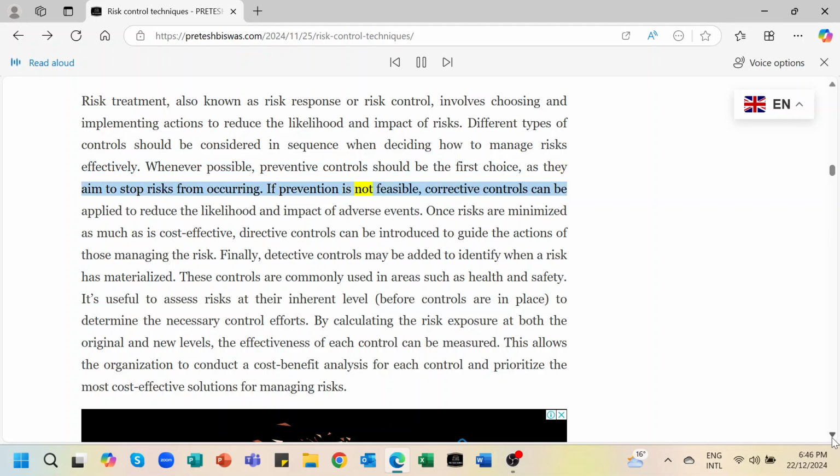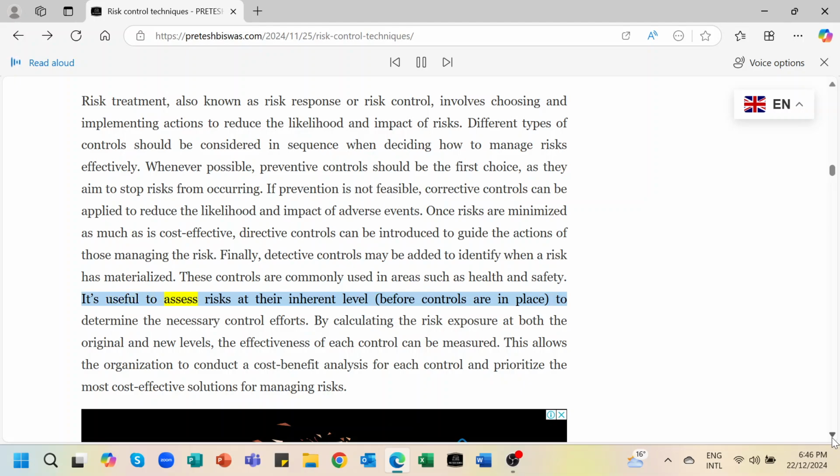If prevention is not feasible, corrective controls can be applied to reduce the likelihood and impact of adverse events. Once risks are minimized as much as is cost effective, directive controls can be introduced to guide the actions of those managing the risk. Finally, detective controls may be added to identify when a risk has materialized. These controls are commonly used in areas such as health and safety.